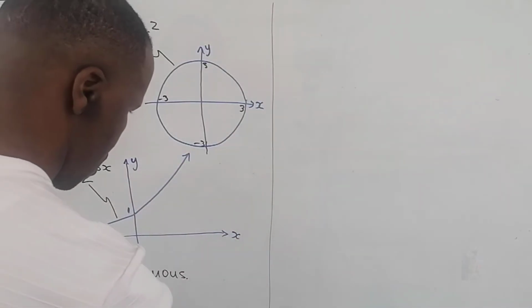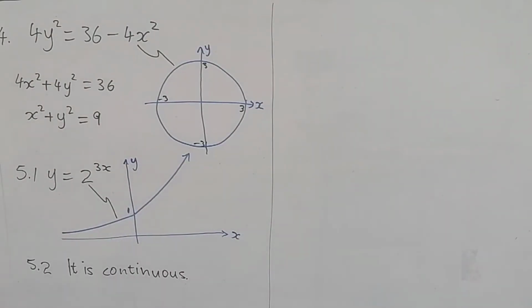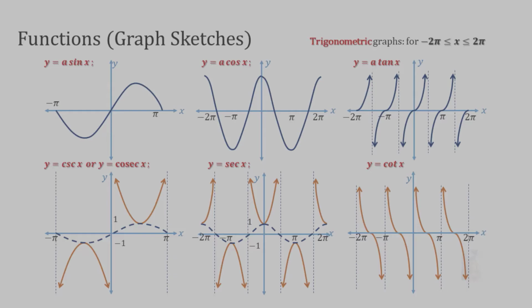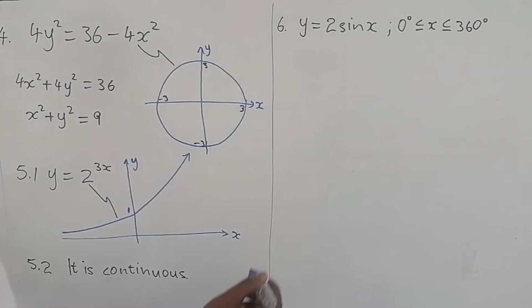Now we are asked to sketch the graph of y is equal to 2 sine x. Then they gave us the range from 0 all the way to 360 degrees. In this case, they used degrees. In the previous case, they used radians. When they are using radians, you will see pi. But when they are using degrees, you will see, of course, the degrees, because I'm sure most of you already know them.